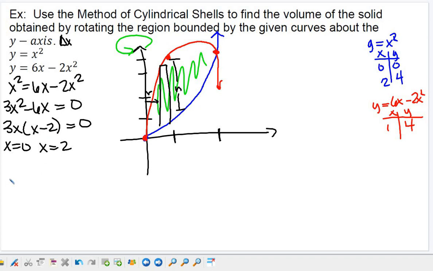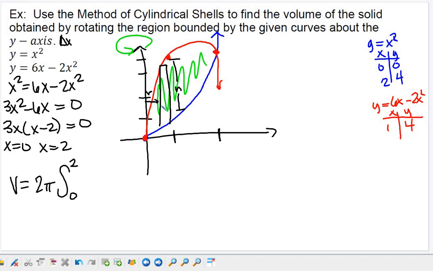Alright, so volume is equal to 2 pi. Remember, first of all, that our bounds have to be in terms of x because I'm integrating with respect to x. So that's going to be 0 to 2. So it's 2 pi r h delta x or dx.